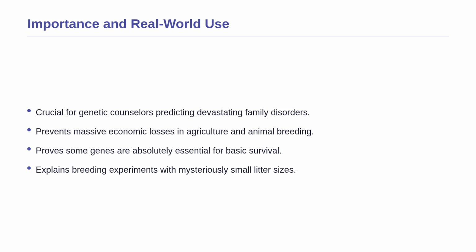In agriculture, lethal alleles can cause massive economic losses if breeders unknowingly mate 2 carriers, resulting in dead offspring and smaller litters. Furthermore, the discovery of lethal alleles historically proved to scientists that some genes are absolutely essential for basic survival, not just for determining superficial traits like eye color. Without this concept, we would be completely confused by breeding experiments that produce fewer offspring than expected.